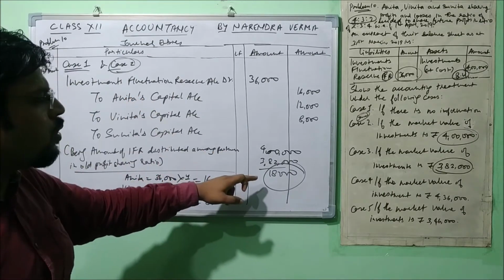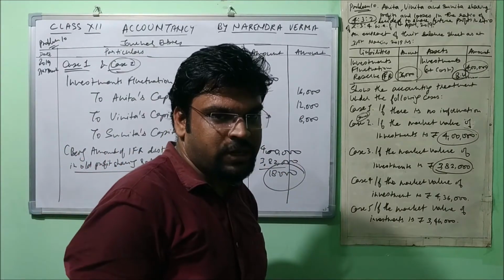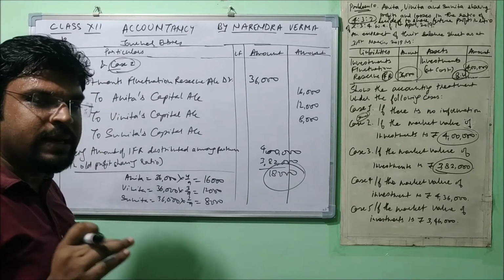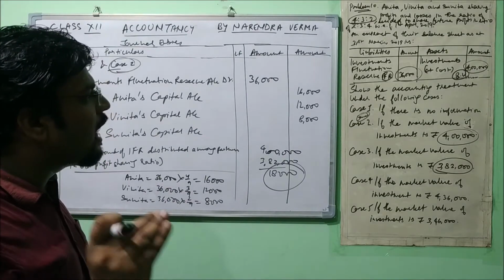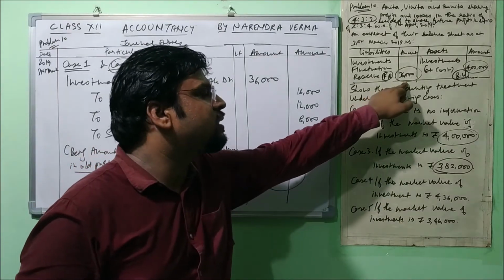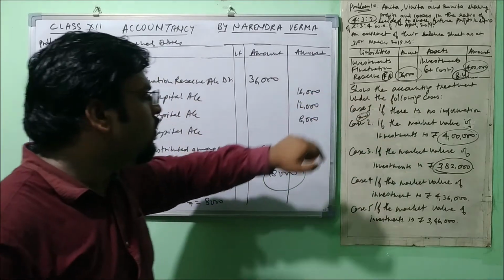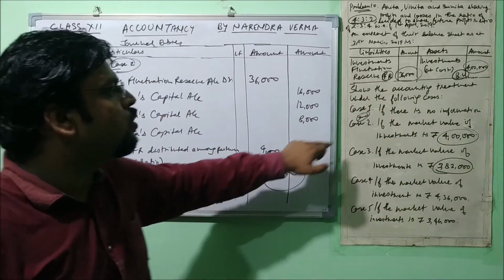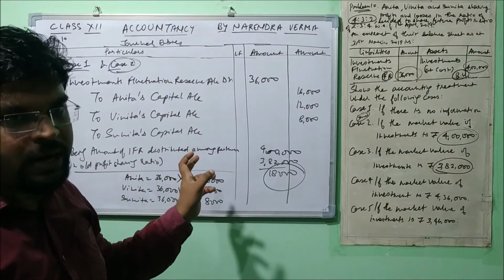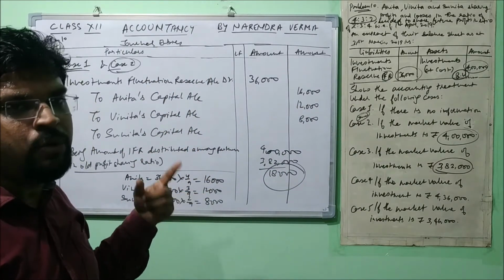It belongs to the second possibility, when the fall in the value is less than the amount of IFR. So 18,000 is less than 36,000. First we will compensate these 18,000 out of this, and then the rest of the money will be distributed among the partners. So one compound entry can be passed.